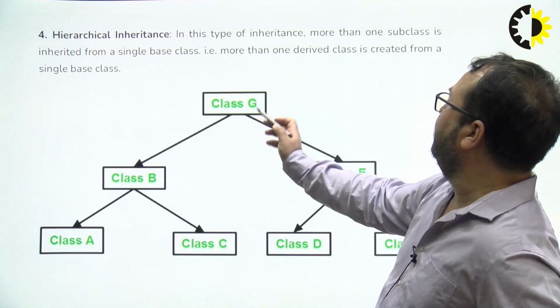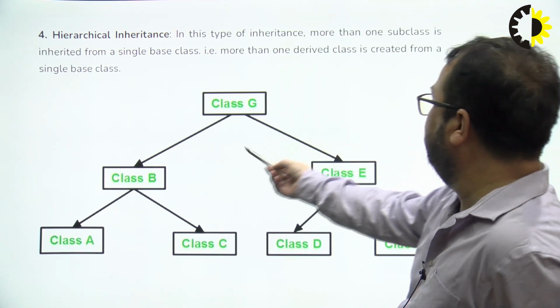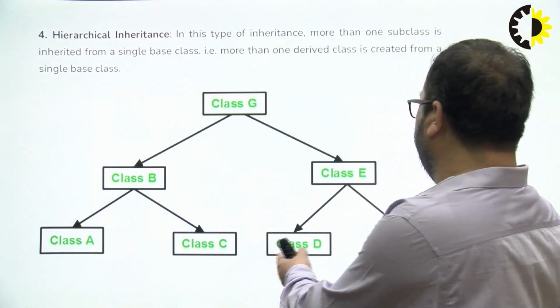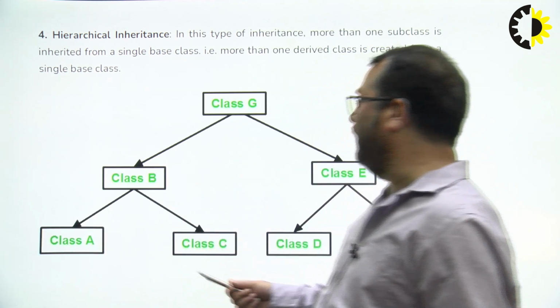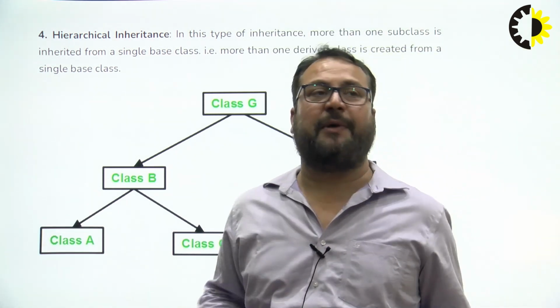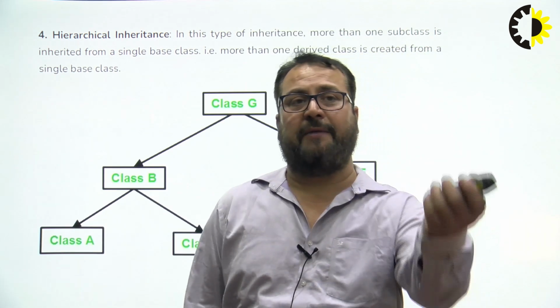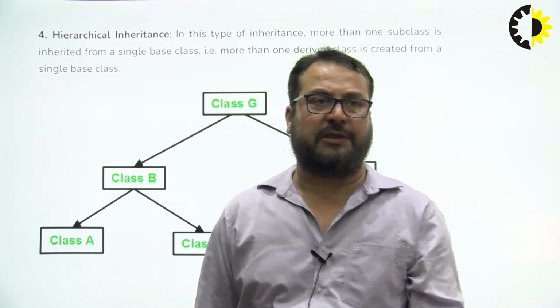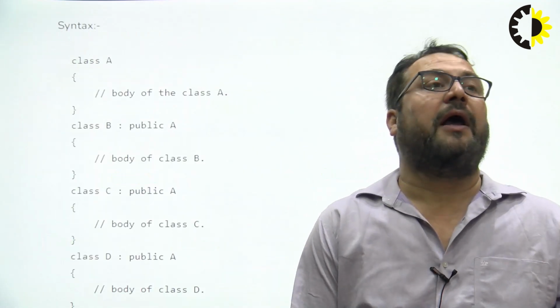Class C will have two subclasses, and class G has two derived classes, B and E. Further, class B could have two or three subclasses. This type of inheritance is called hierarchical inheritance.